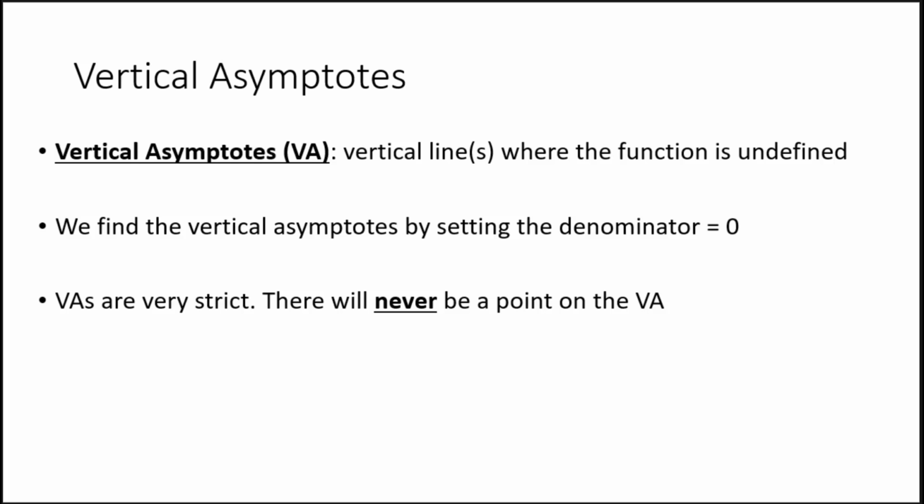So if it was a quiz or a test, if I saw your graph going over that vertical asymptote and coming back, I'd know just by glancing at it that something went wrong someplace, because our graph should never cross our vertical asymptotes. Okay?